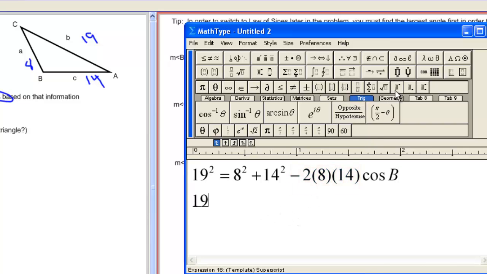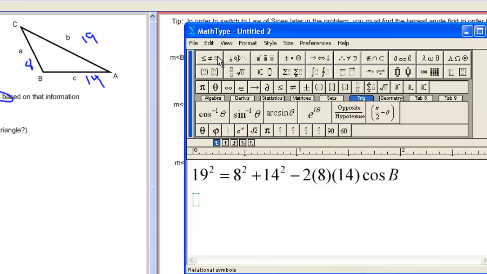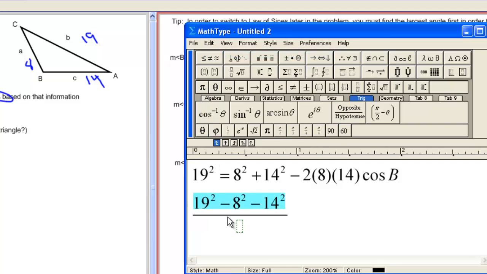So in order to get the cosine of B by itself, I look at that 19 squared, and I have to subtract off the 8 squared, subtract off the 14 squared, and then divide all of that by the negative 2 times 8 times 14.